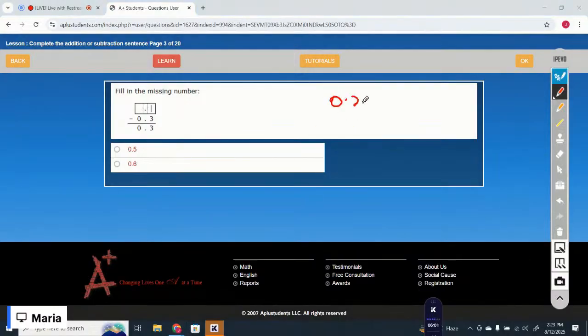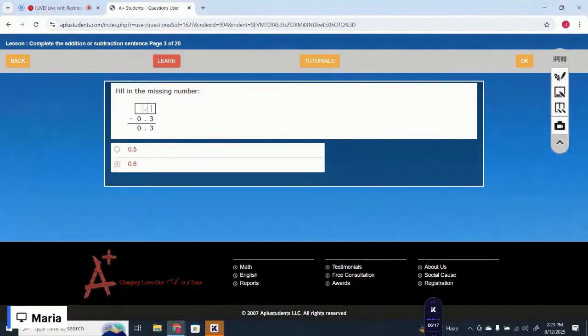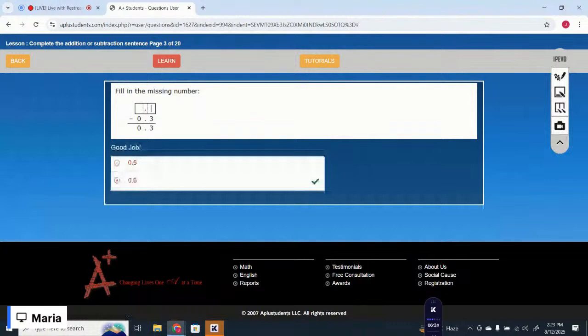So 0.3 plus 0.3, that is 0.6. Option number 2 is the correct option. 0.6 take away 0.3 equals 0.3.